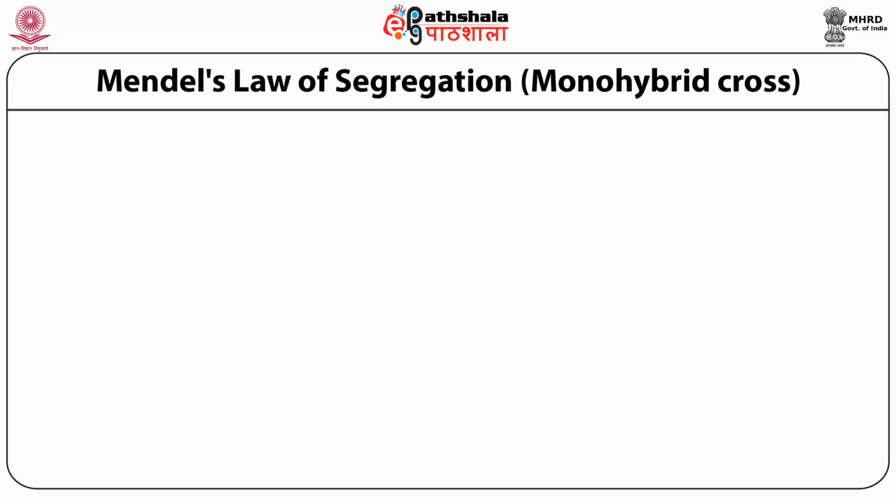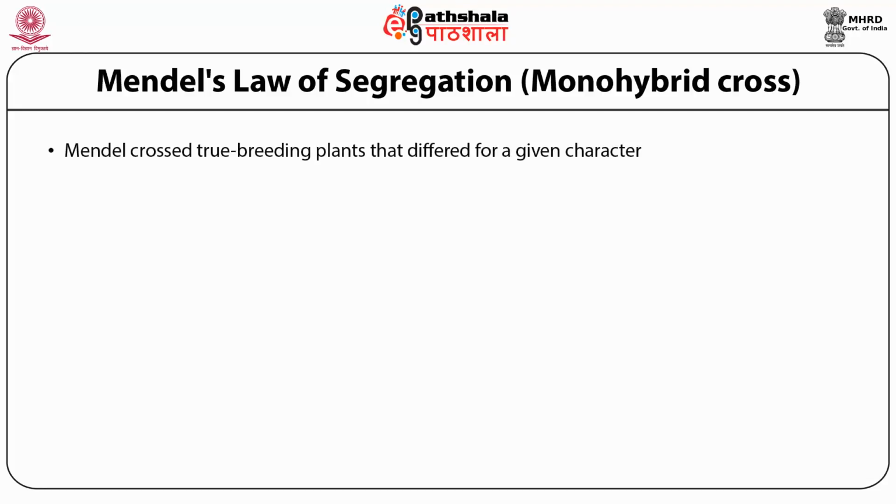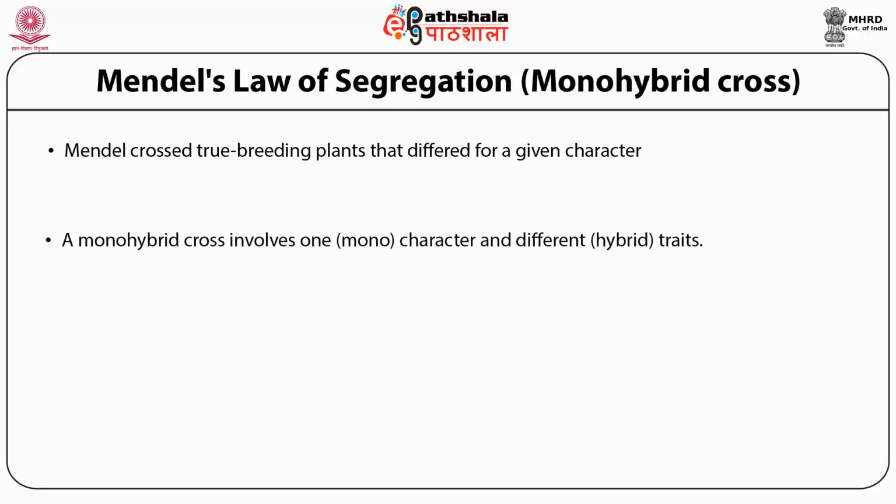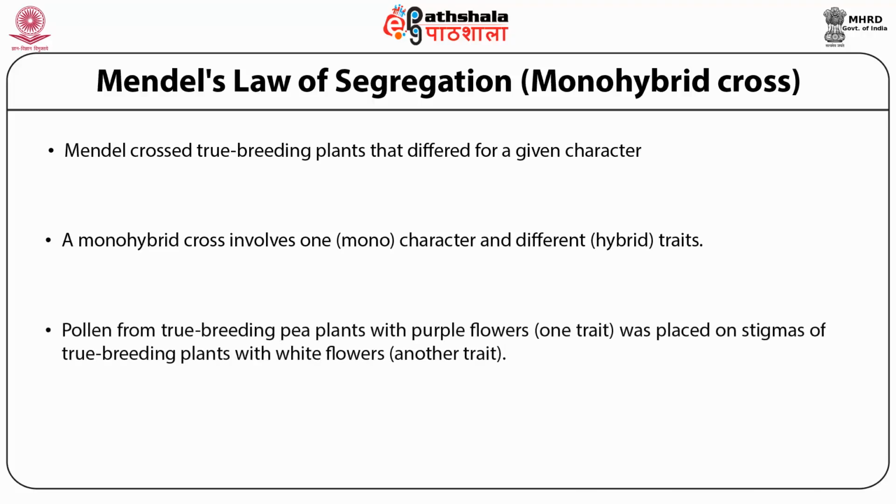Mendel's law of segregation. Mendel crossed true breeding plants that differed in a given character. A monohybrid cross involves one character and different traits. Pollen from true breeding pea plants with purple flowers, this is one trait, was placed on stigmas of true breeding plants with white flowers, which is another trait.